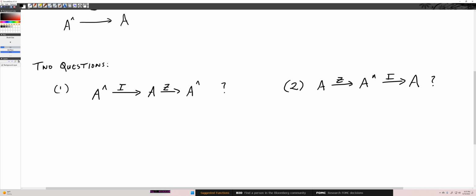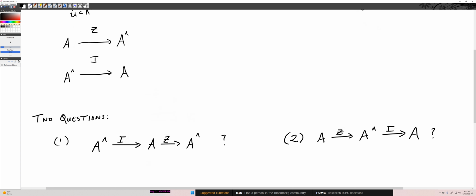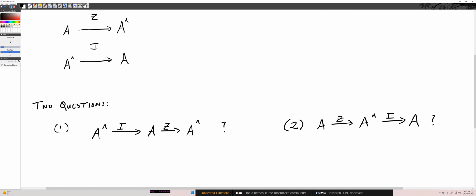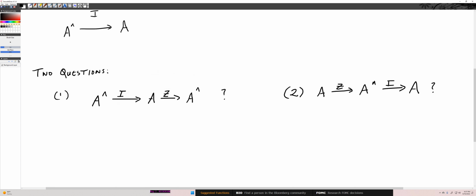One of the immediate things you might think about is, well, what happens if I were to cycle through this? It seems natural to think, okay, I'm starting at A here and going to the affine space, but then I could take I and go back to A, right? So if I started with something in the affine space, let's say some set U, and then I hit that with I, and then I hit that ideal with Z, what do I get?